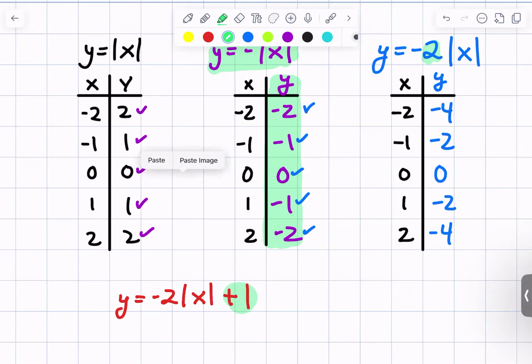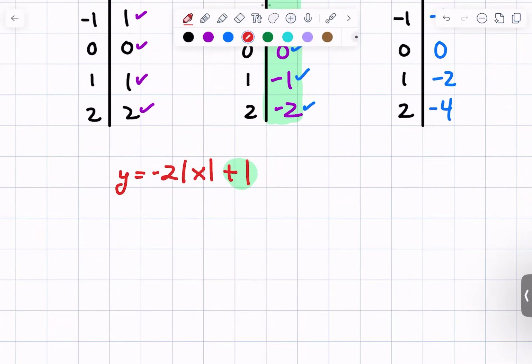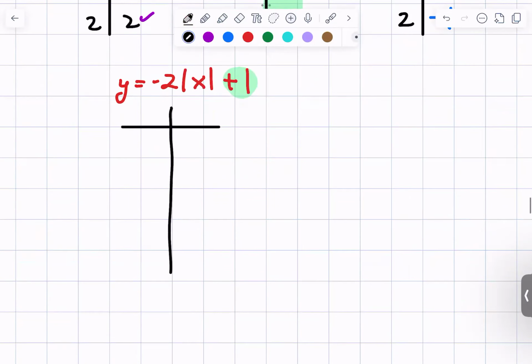Shift up 1, right? So is it going to affect my x's or my y? My y. So my x's are literally, again, going to be copy and paste. Okay, so let me copy and paste that really quick. X: negative 2, negative 1, 0, 1, 2.